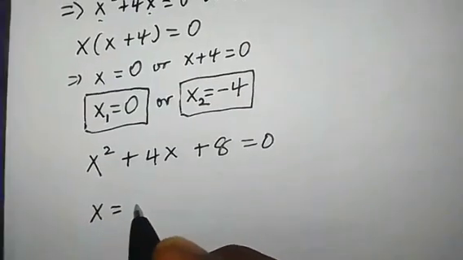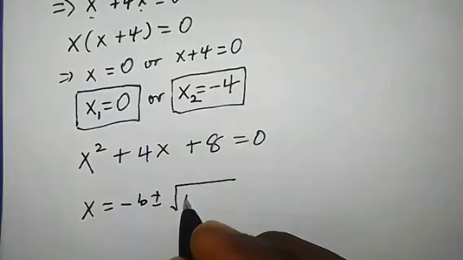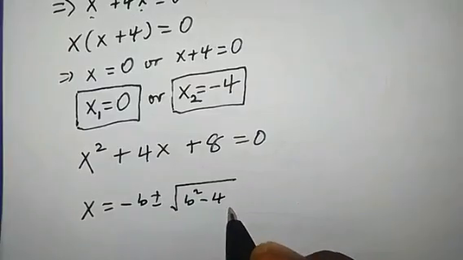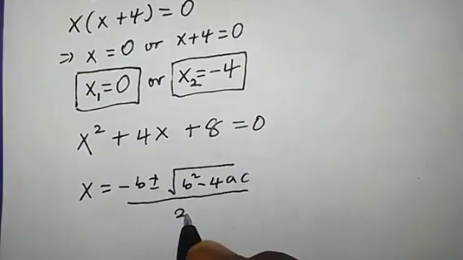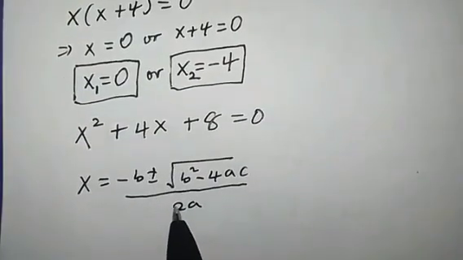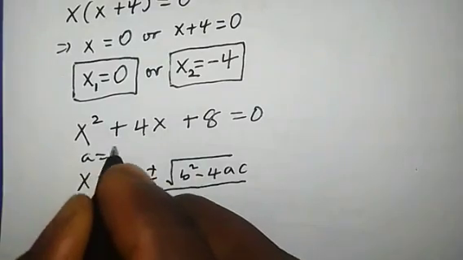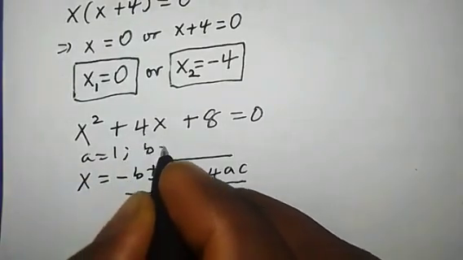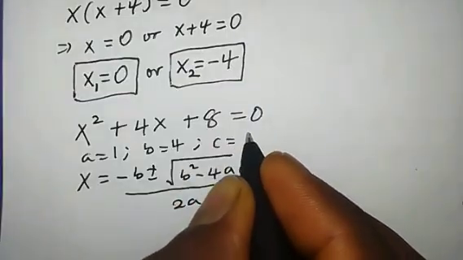x is equal to minus b plus or minus square root of b squared minus 4 times a times c, divided by 2a. This is the quadratic formula. From this equation, a is equal to 1, b is equal to 4, and c is equal to 8.